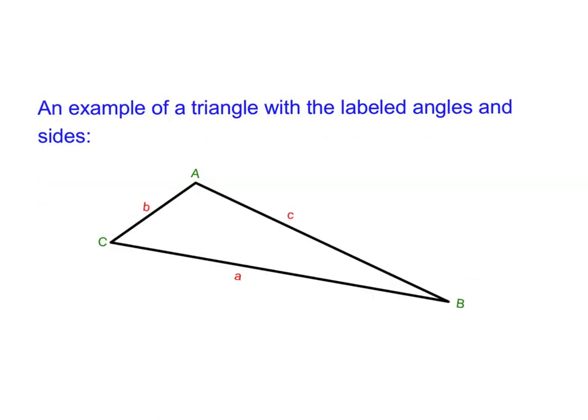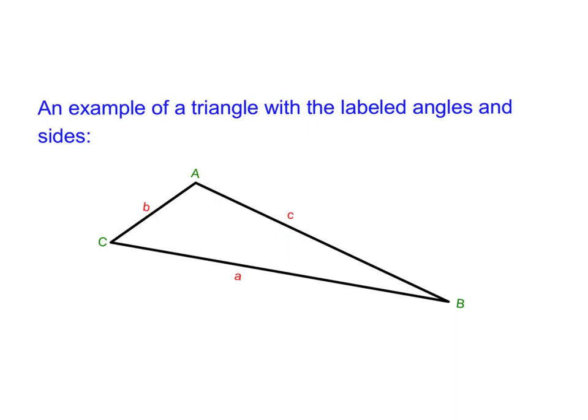Here's an example of a picture just in case we are unclear about the whole opposite side angle thing. If I have this being angle A, the opposite side is lowercase a. For angle B, the opposite side is lowercase b, and for angle C, lowercase c is its opposite side.